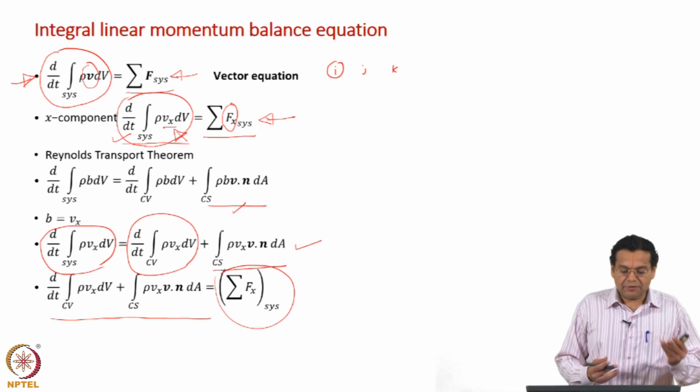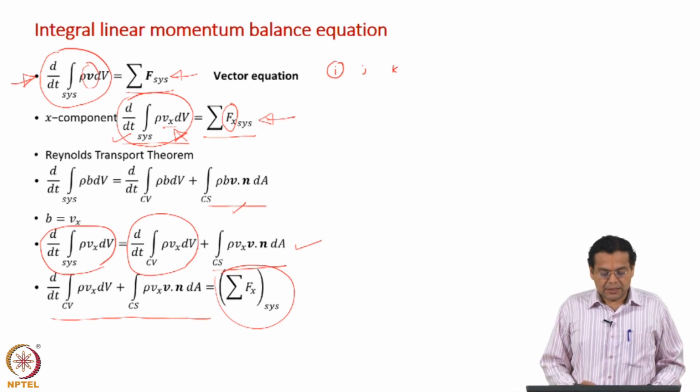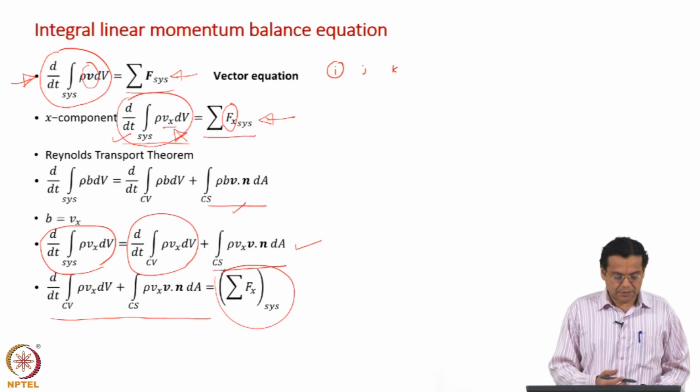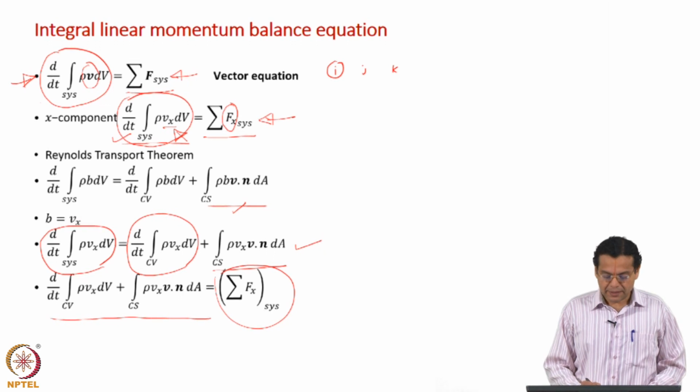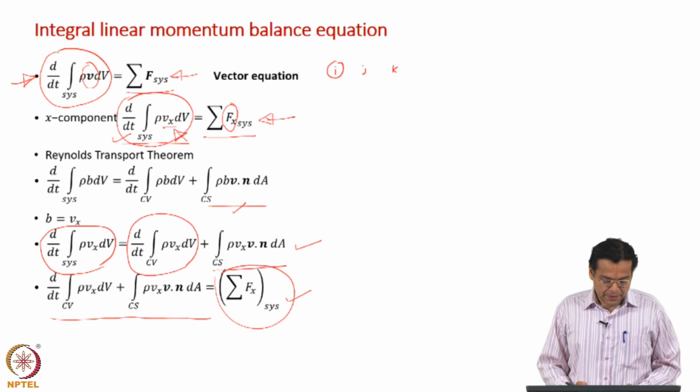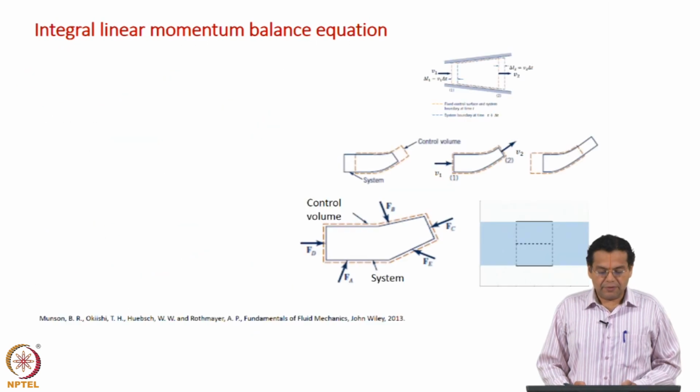The left hand side term expressed in terms of control volume, control surface, that part only comes from the Reynolds transport theorem. So, now the left hand side is fine for us because it is in terms of control volume, control surface, while the right hand side is in terms of system. Like we did for mass balance, we will express that in terms of the control volume.